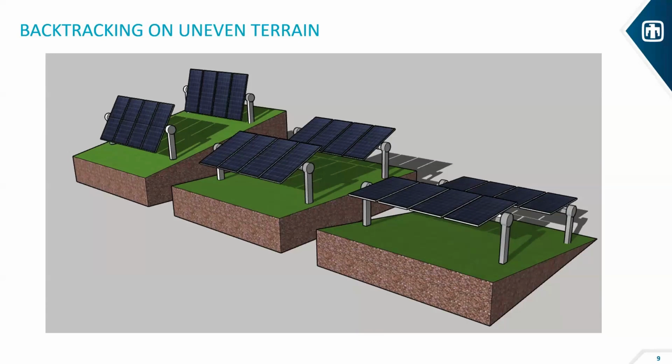So for this middle one here, if you're using the normal standard flat backtracking, you're either going to be backtracking too much or too little, depending on what slope and what direction it faces. That needs to be taken into account, and we actually have good algorithms for doing that when we have uniform slopes.